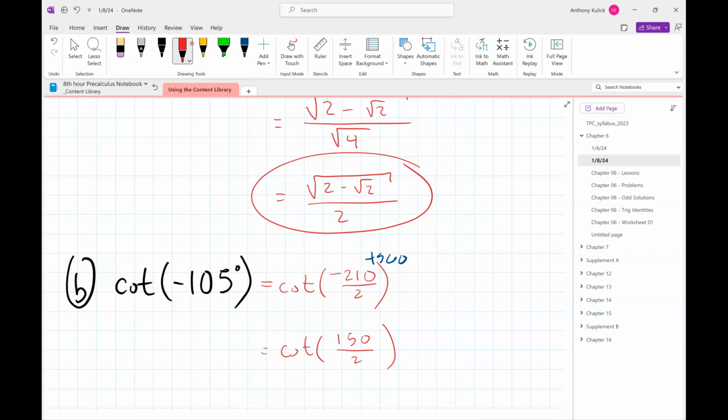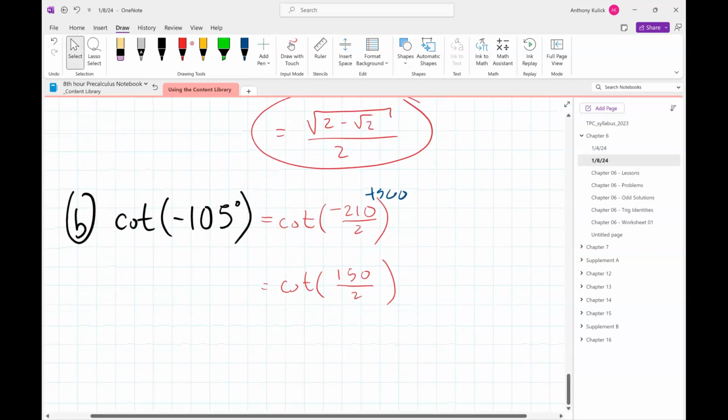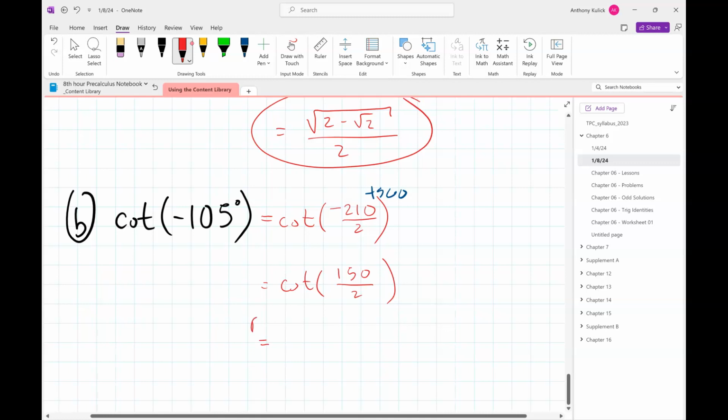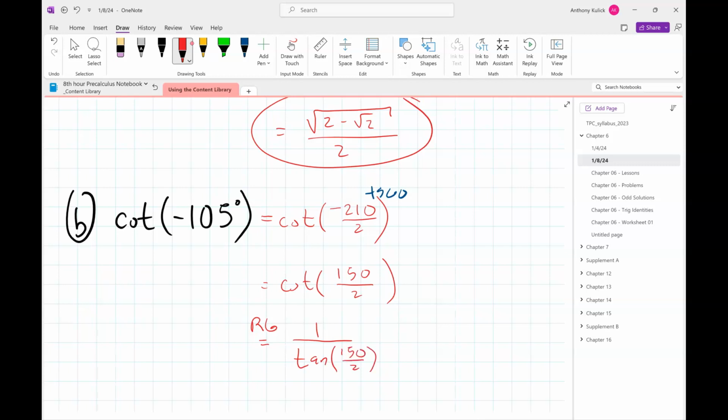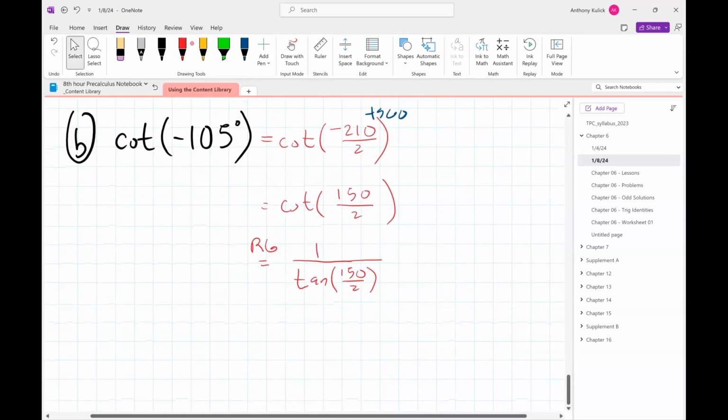Is there a cotangent identity? But there is tangent, right? So remember that R6 tells us that cotangent and tangent are reciprocals. So I can think about that.